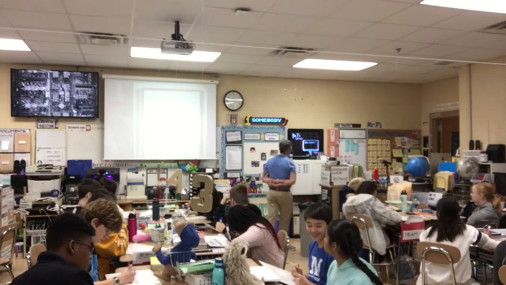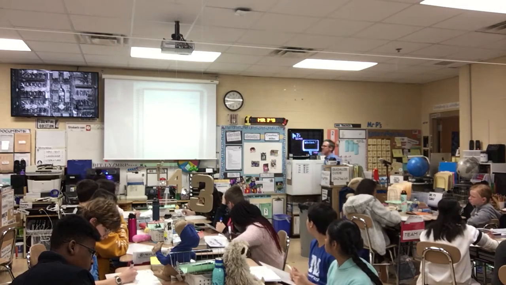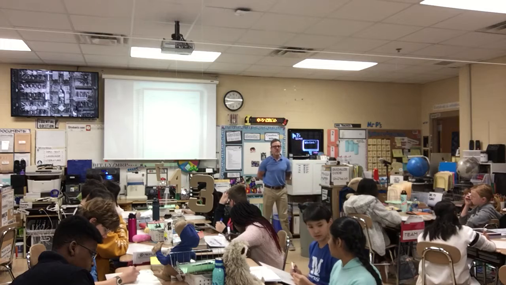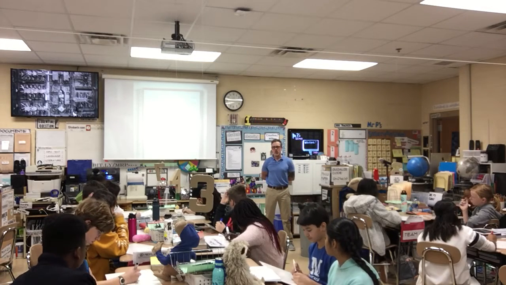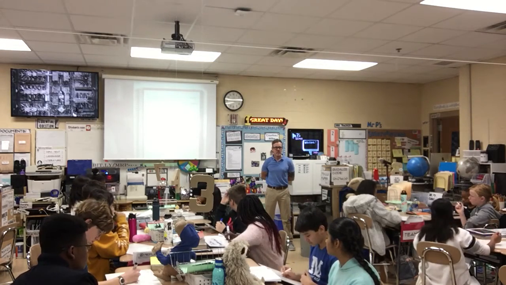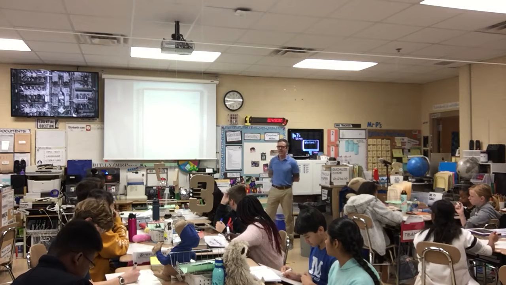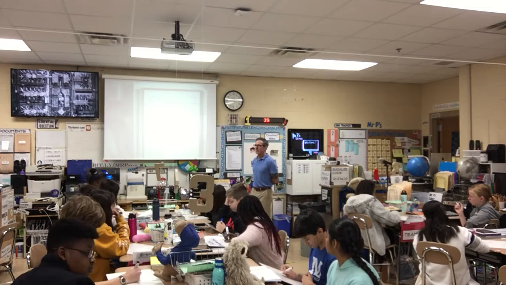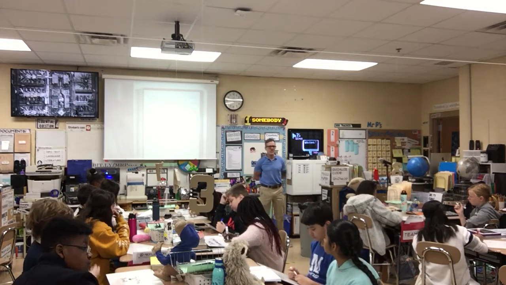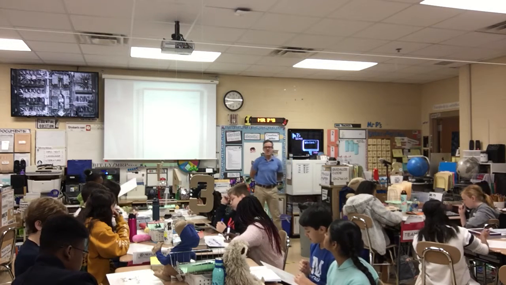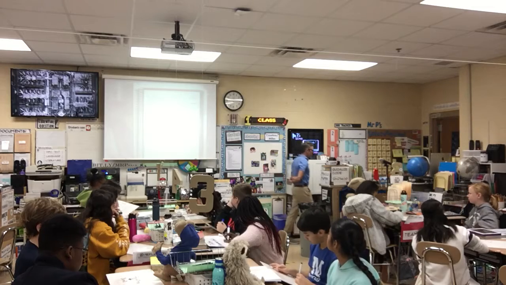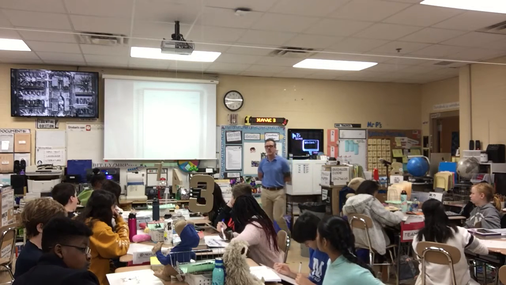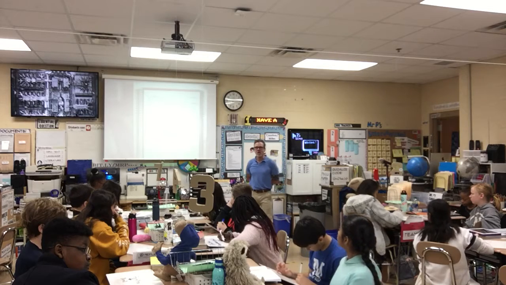So in simplifying 6a, that expression, I need to group like terms, correct? That means I need all the x's gathered together. So 7x and x becomes 8x, right? I got 7 of these mystery envelopes. Oh, there's one more mystery envelope. Oh, I've got 8 mystery envelopes. 8 unknowns.